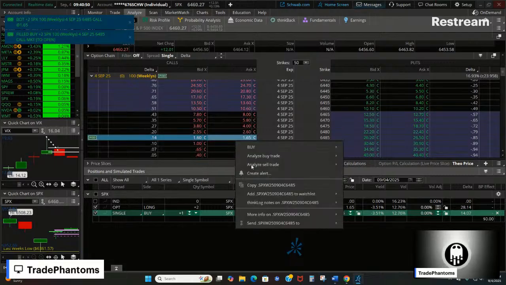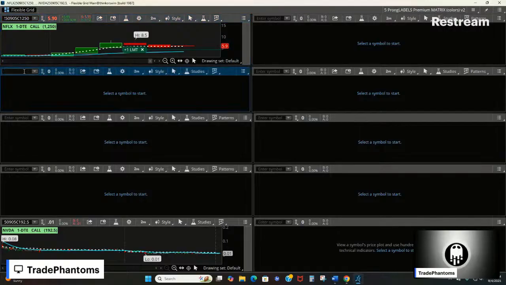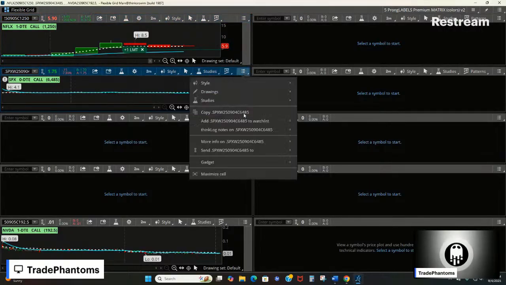Yep, news in 20. VWAP tag front side on SPX.